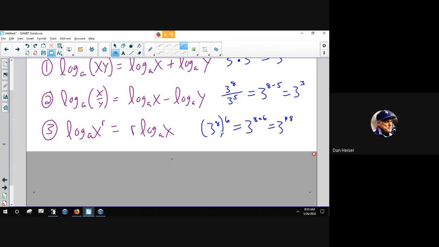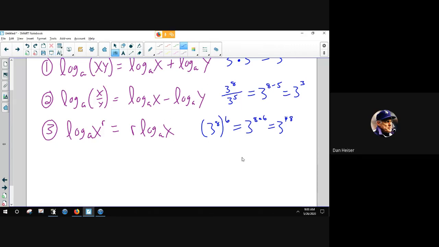Multiply the exponents together. I have something to a power raised to another power. It's the same thing as multiplying the exponents. R is clearly an exponent, and we're just multiplying those exponents together.